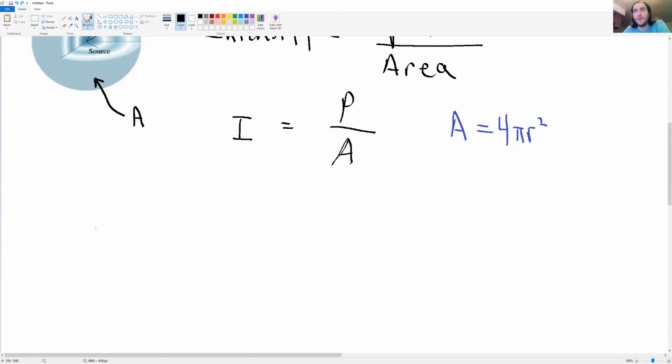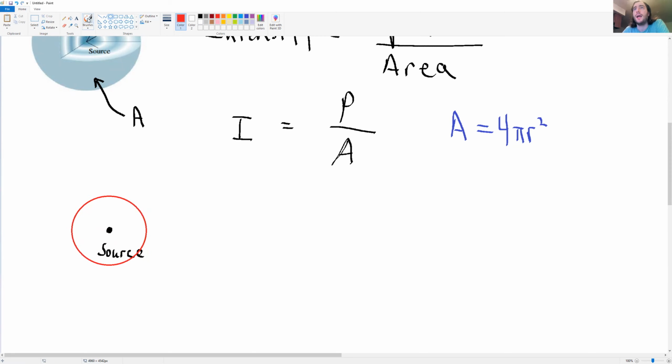Suppose for a second that we have a source of waves, one source of sound, though it doesn't necessarily have to be sound. So let's draw a wave here, maybe in red, and make a circle.